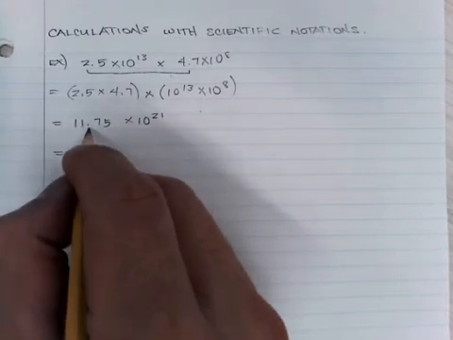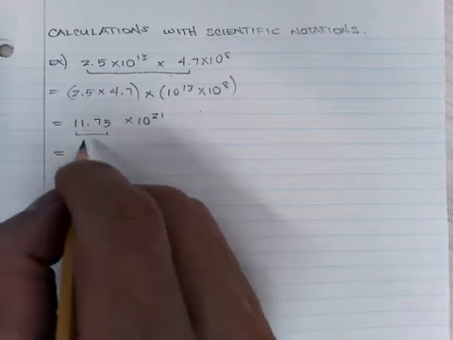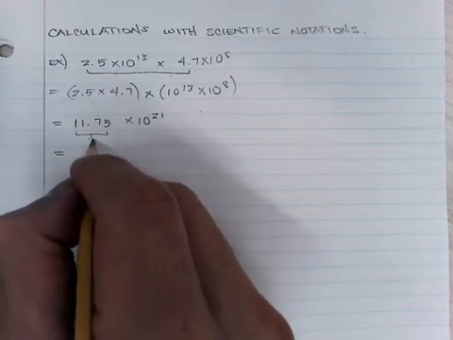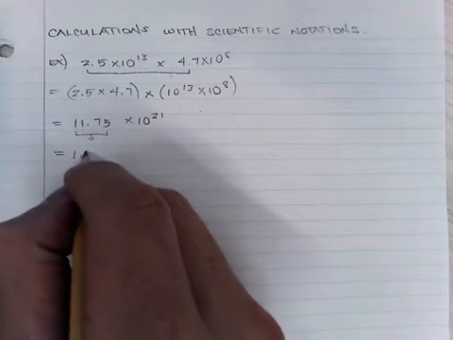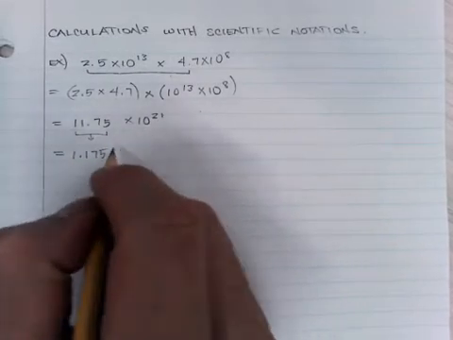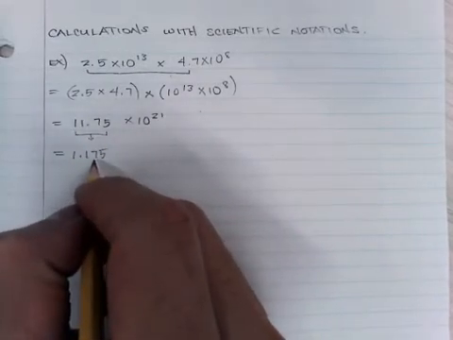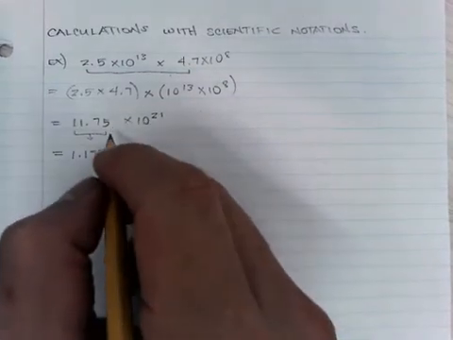In scientific notation, this decimal has to be in between these ones. So we're going to turn this 11.75 by itself into scientific notation. That'll be 1.175. Notice I included 3 decimal places, and you can actually do that.